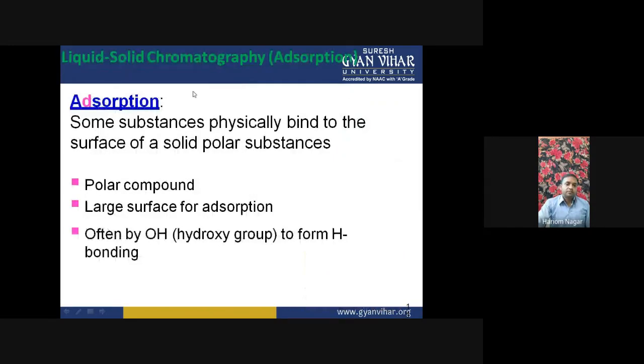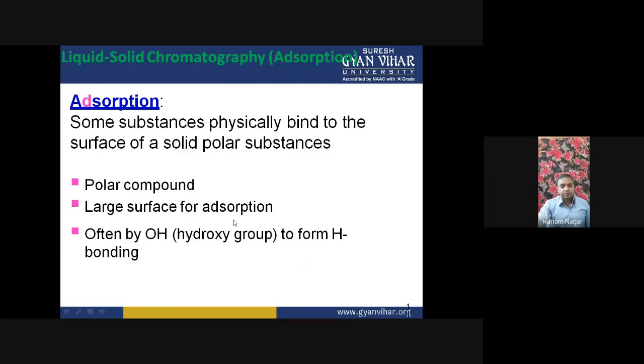Now, a liquid solid chromatography is adsorption chromatography. We are discussing the adsorption chromatography method, where there is adsorption of the substance molecules between the solid polar surface and the mobile phase. Here the responsible factor is polarity. So polar compounds may adsorb on the solid polar substances for more time.